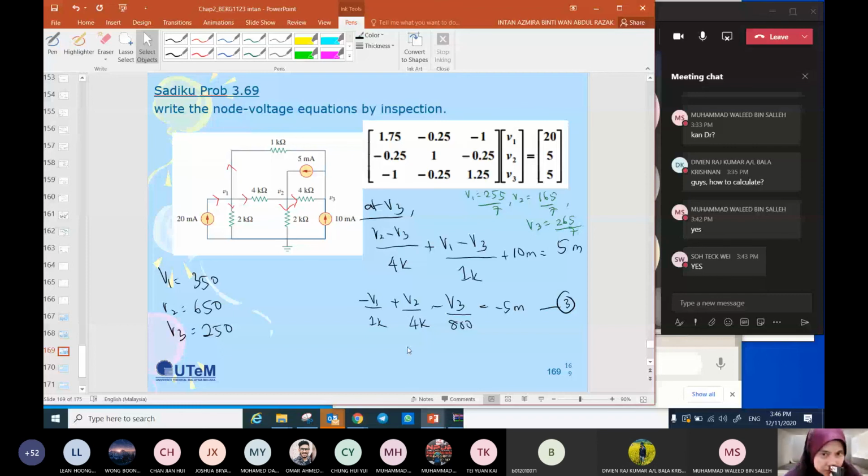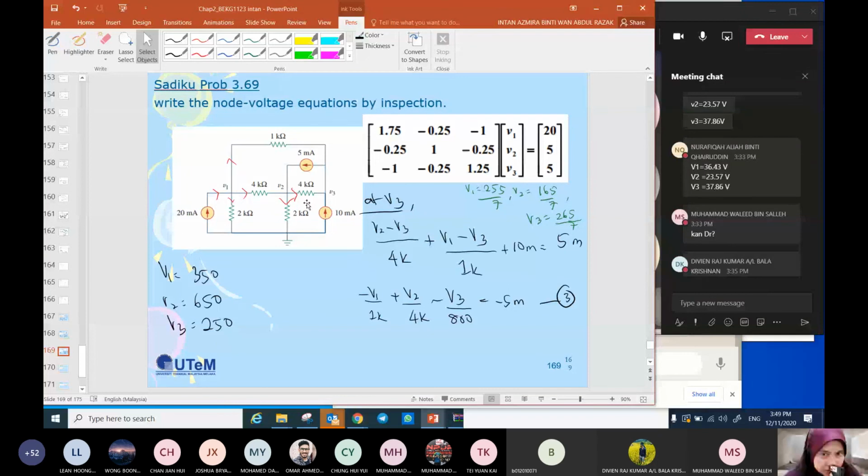So minus here, and here is V2 minus V3. V2 minus V3 over 4K plus V1 minus V3 over 1K plus 10 milli equal to 5.